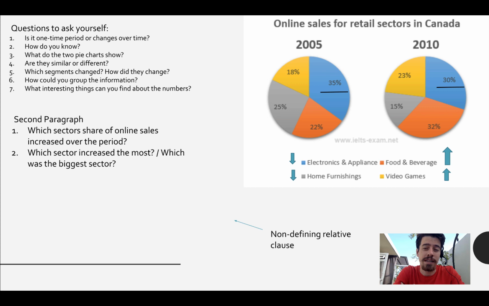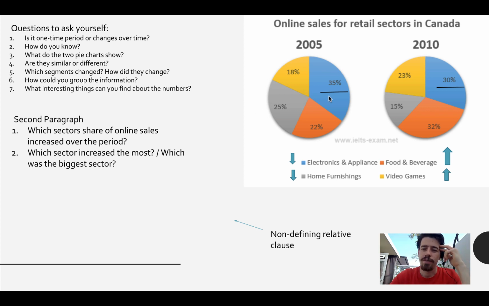Remember, when you're writing, when is this about? 2005 and 2010, so it's about the past. Because it changes over time, we should be using verbs like increased, decreased, dropped, grew. Okay, so make sure you're using a variety of vocabulary.